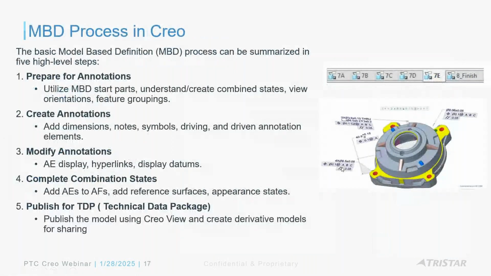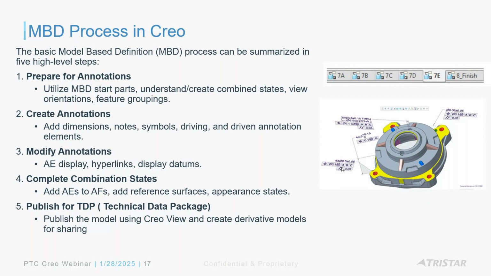We do know the tools available now, but let me give you a high level overview of the MBD steps in Creo. Each one of these steps could be its own webinar, honestly speaking, but I'll give you a quick overview. We'll focus on a couple of them for now. The idea is to make sure that your company creates an MBD start part, and that has these combination states already predefined.